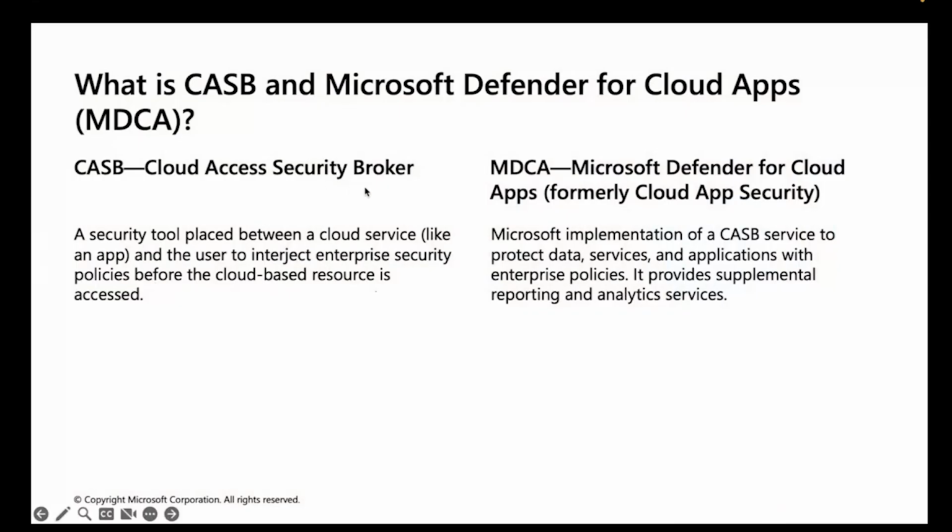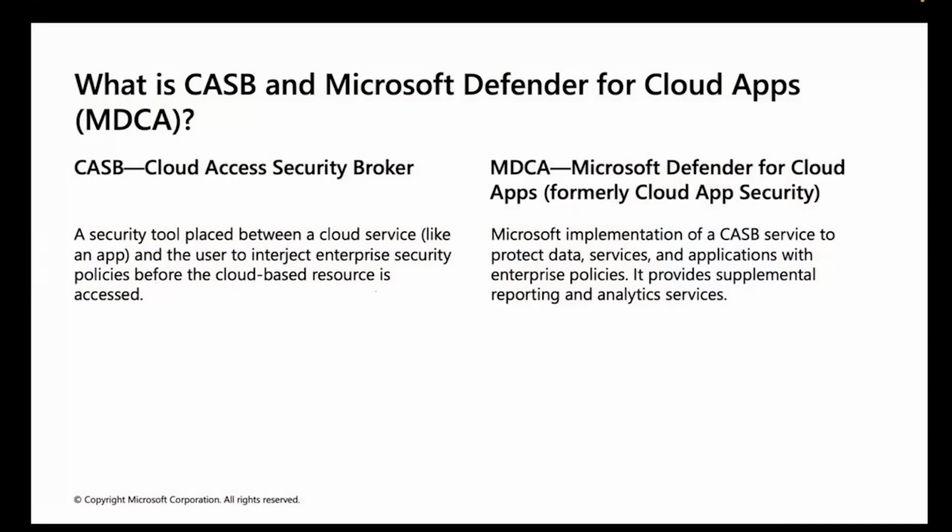Now this CASB capability we have in MDCA, Microsoft Defender for Cloud Apps. Formerly, it was known as Cloud App Security. MDCA is Microsoft's own implementation of CASB, and it gives you all the capabilities you see in CASB inside this Defender product.